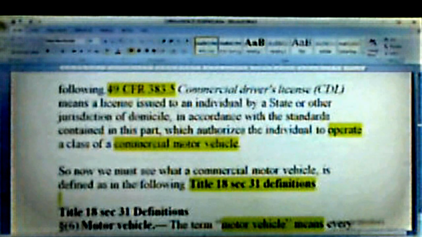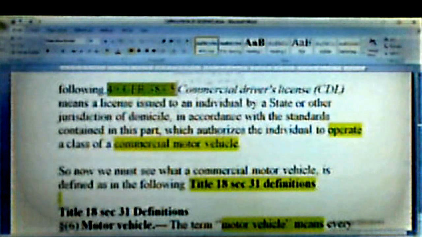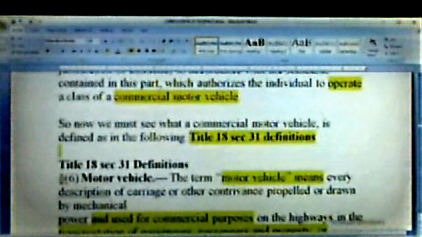So we know that this is all about the commercial driver's license. All right, so we know what a driver's license is. We know it's defined that it's for commercial motor vehicles. So we need to see what a commercial motor vehicle is, and we've already established that yes, the state does use the federal definitions, right?